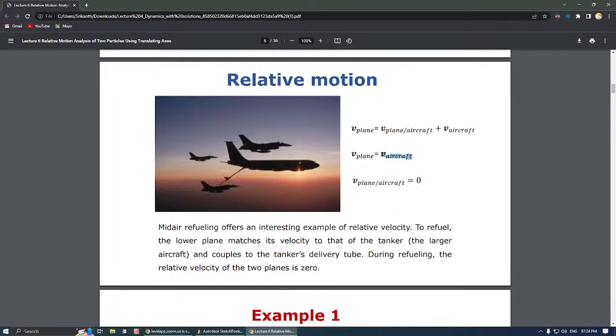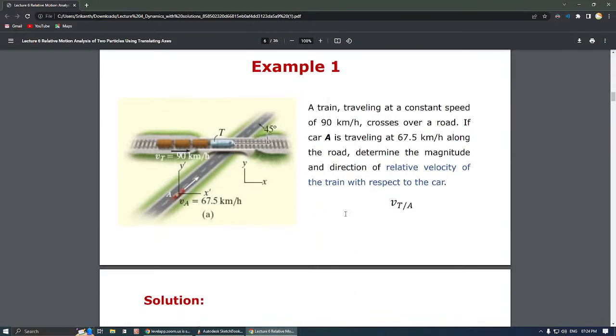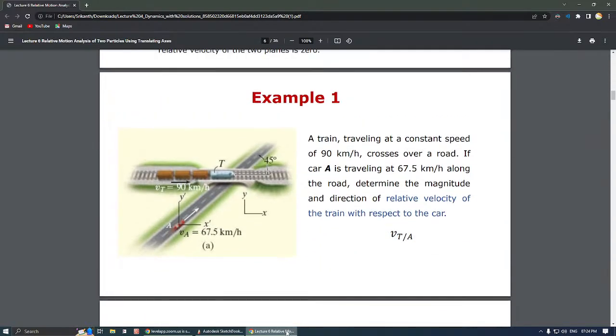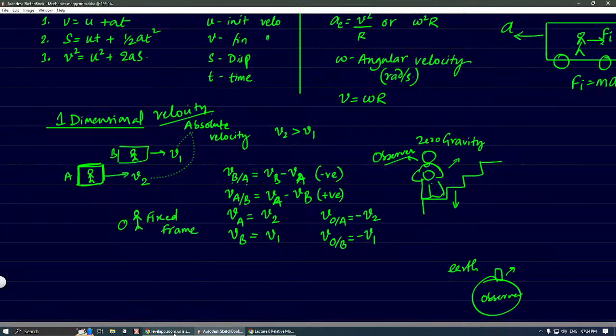And when you substitute these here, the left side and right side will cancel out. And we get velocity of plane with respect to aircraft as 0. Correct. So here we have a first problem. Let's take it.